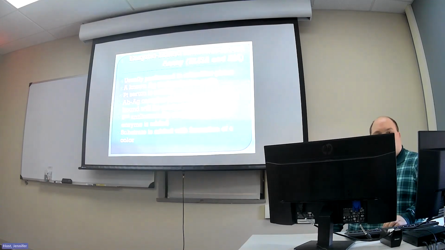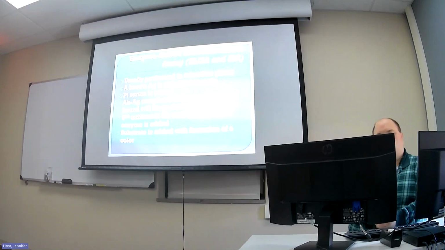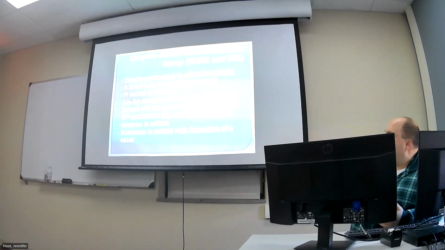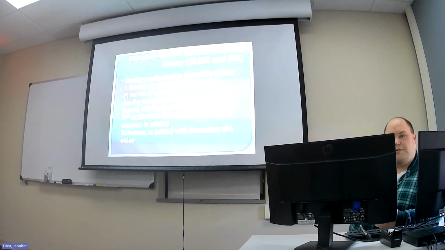All right, so moving on to more fancy tests, the enzyme linked immunoglobulin assays. These are the ones that you're more likely to be doing than the hemagglutination. Right, typically done in a microtiter well plate. Here again, if we're looking for antibodies in the patient, we're going to bind antigen, a known antigen, to the surface of the plate.